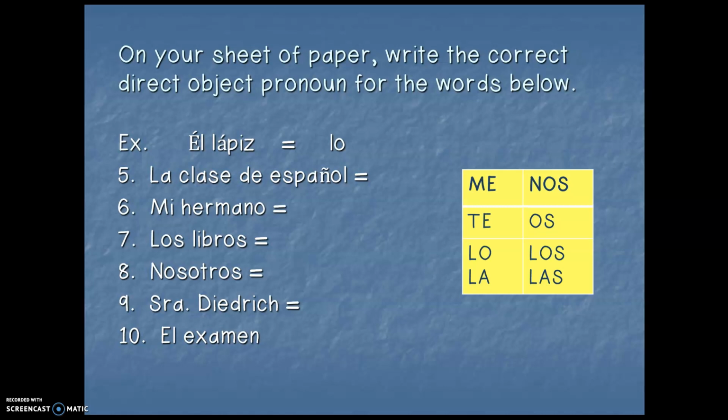What direct object pronoun would I use from the chart to replace mi hermano or he? Perfecto, lo, you would use lo. Número 7, los libros, or they or them. You would replace that with los.